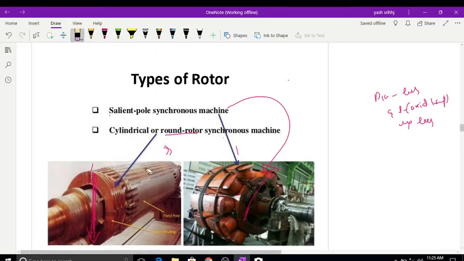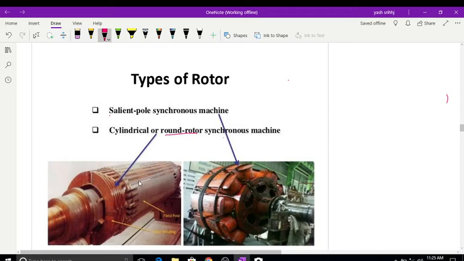So another important thing, the most important thing between these two, you need to remember. Look at this one. It is uniform, like a solid in nature, but here, from one pole to another pole, some gap is available. You can observe the gaps here and here.